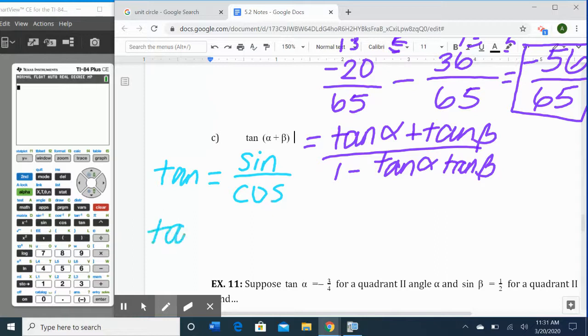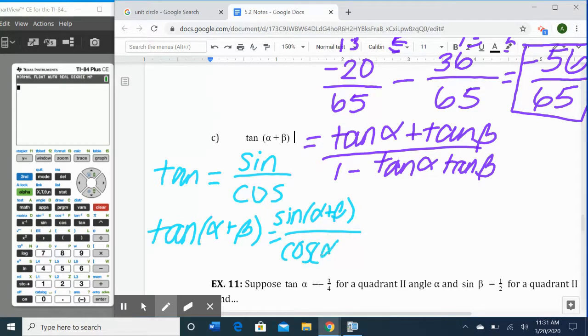So the tangent of alpha plus beta, in addition to being that formula we just found, is also equal to the sine of alpha plus beta over the cosine of alpha plus beta. And now that we know both of these pieces, I think this is going to be an easier approach as opposed to using this formula.